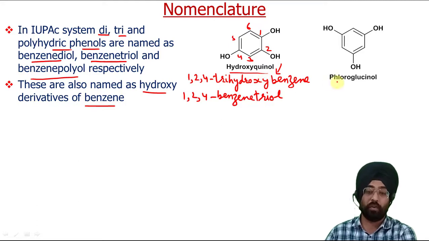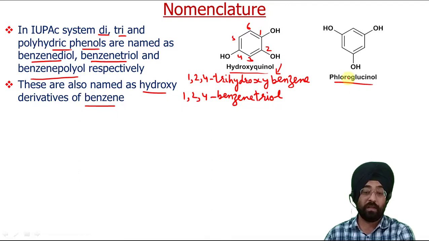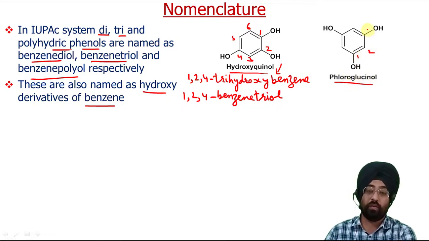Similarly, this is phloroglucinol. You should also remember their trivial names. So what will be its name? 1, 2, 3, 4, 5, 6. It will be 1, 3, 5.